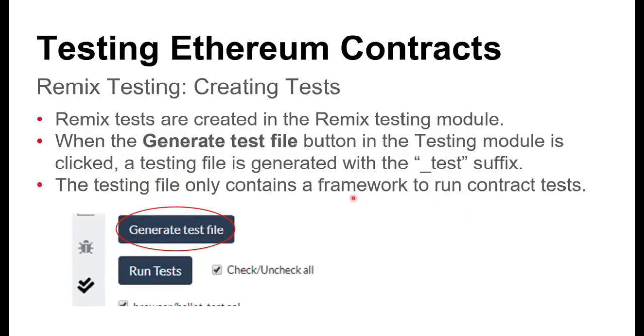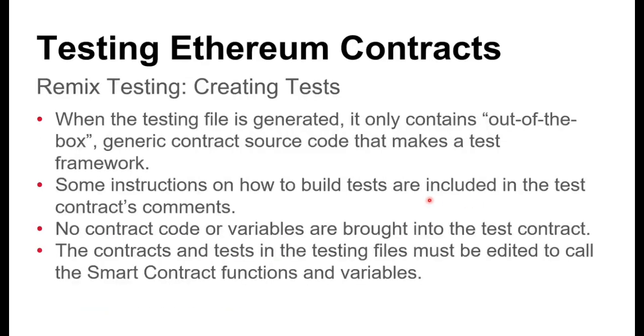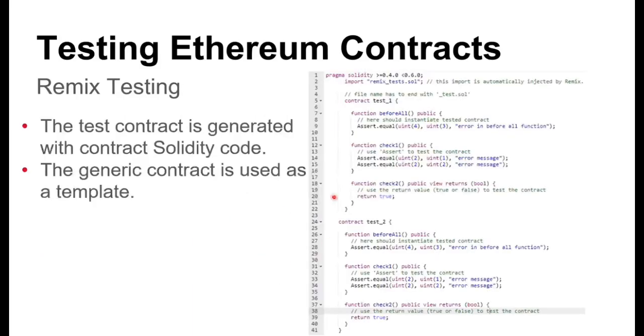So generating the test file, again, will create a framework for your testing. And Remix also has testing. Same general approach. You will create a test that actually calls parts of your smart contract. So here we have a test, and you can see here we have the assert, just like with JUnit testing.